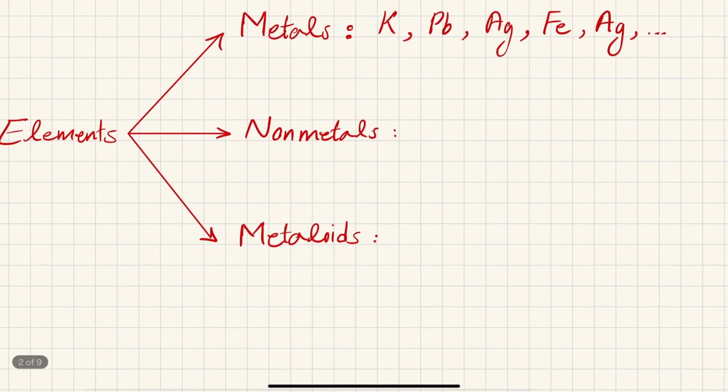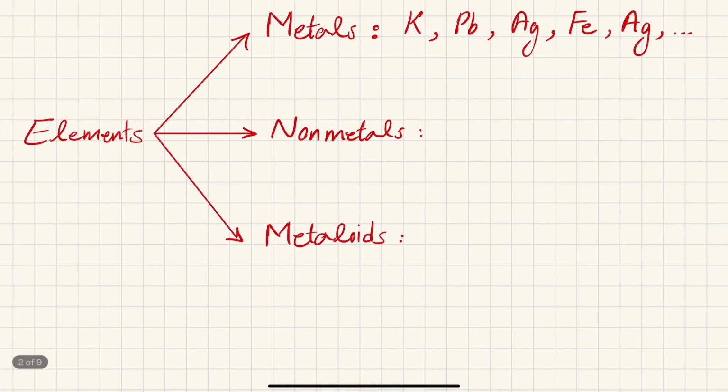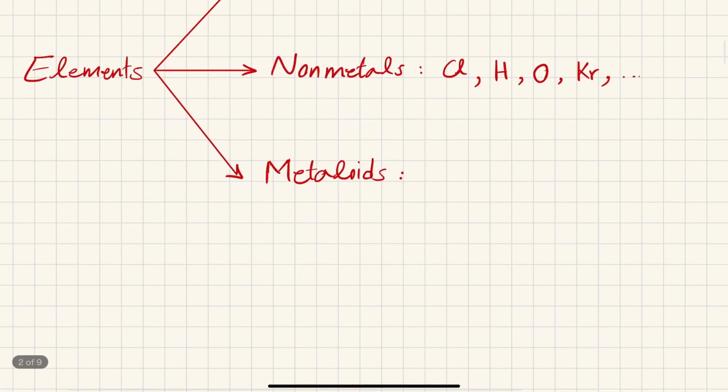Nonmetals like chlorine, like hydrogen, like oxygen, like krypton, and more. And what about metalloids? Examples like arsenic, like astatine, like germanium. Yeah, these are the examples.